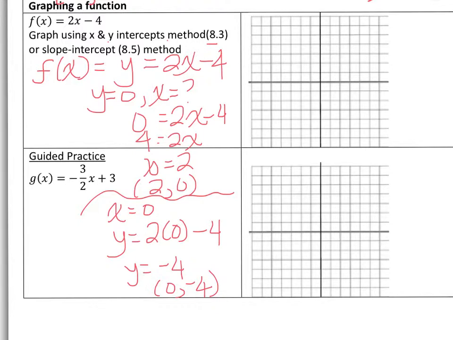Gonna label my points. 0, negative 4. 2, 0. And I can graph. Okay. Now, I'm going to erase this.